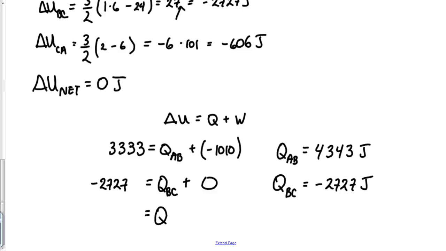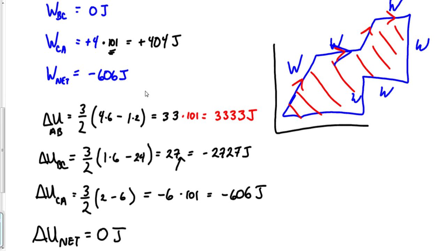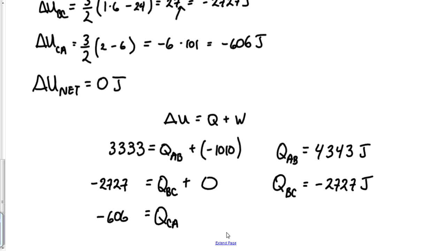Q, where are we at? C back to A at this point. So my delta U CA was negative 606. Now I need to do my work C to A. C to A was positive 404. So now subtract 404 from each side.